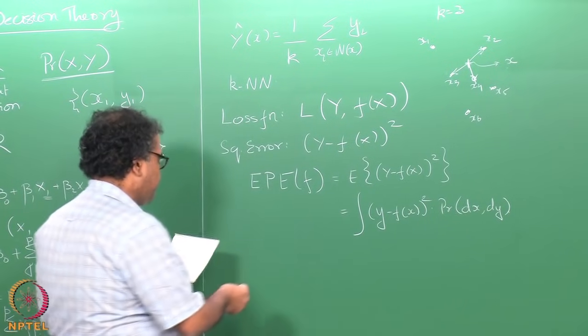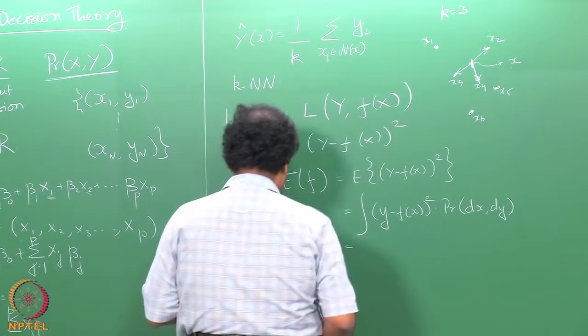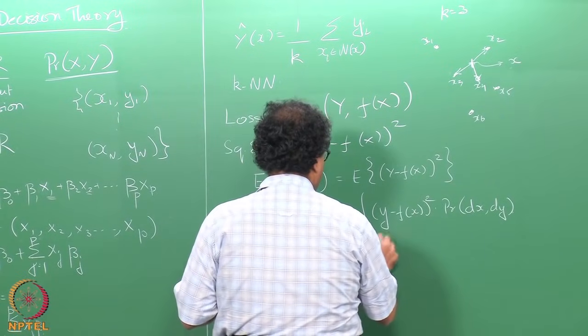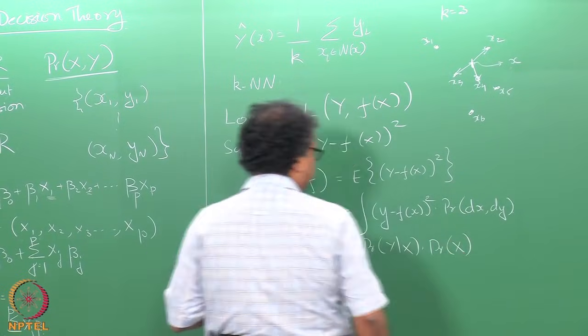If you remember, the probability of x comma y can be written as probability of y given x into probability of x.